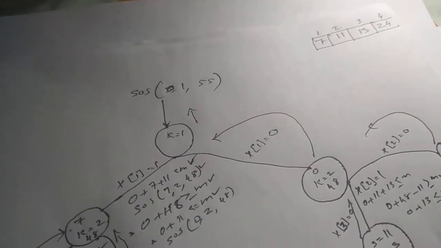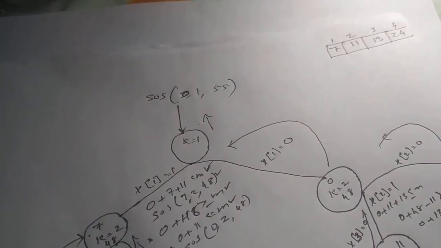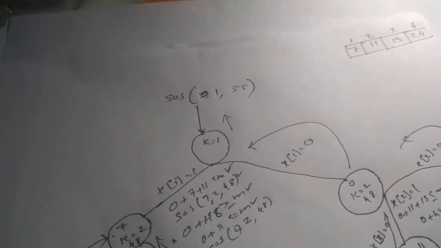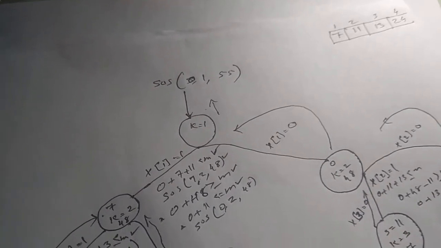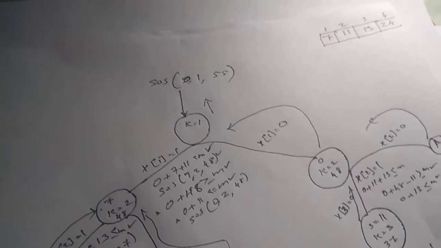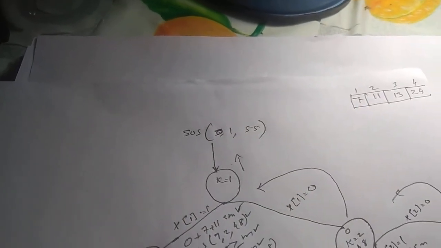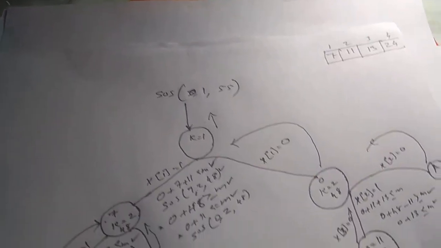See, initially it is called sum of subset 0, 1 comma 55.